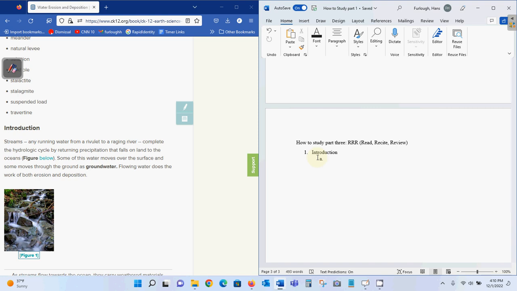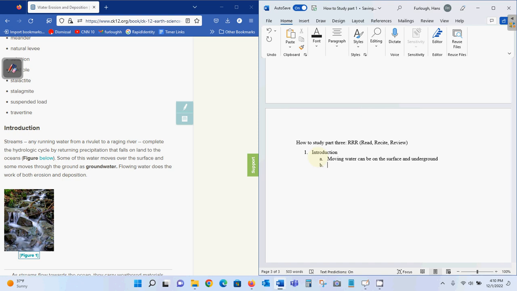And then, this paragraph is talking about how water is on the surface and in the ground, and it does the work of both erosion and deposition. So then, to summarize that, I would say moving water can be on the surface and in the ground, or underground.